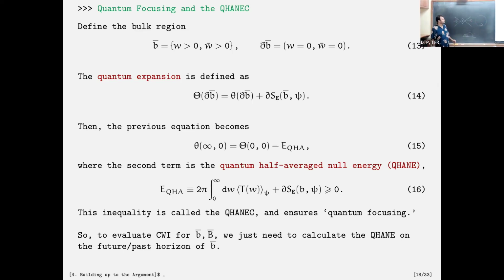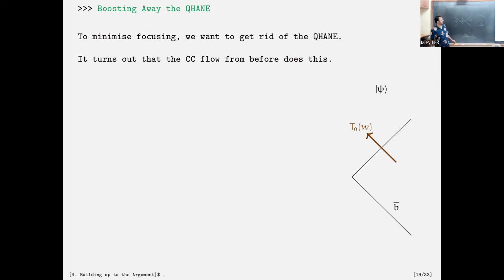Okay, cool. So now consider a state, little psi, in the bulk. I am not caring about what happens on the boundary yet, or what happens to the electron yet. As a toy, the state has some energy going through the future horizon.